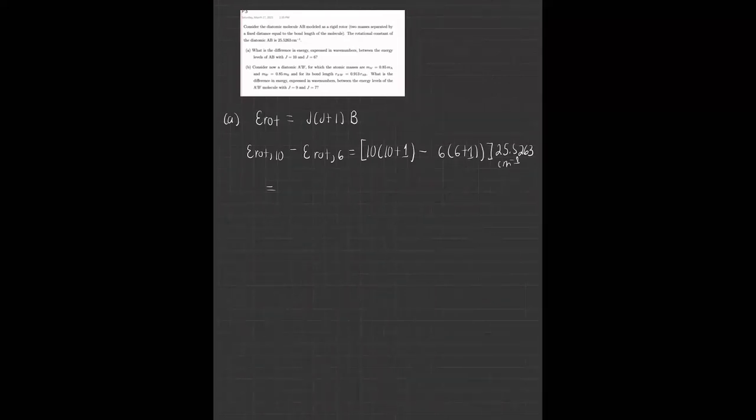And you'll find that this is equal to 1735.7884 centimeters to the minus 1. Does anyone have any questions about that? It's pretty much just plugging in and chugging. So just plugging in for 10 and plugging in for 6 and subtracting them from each other.